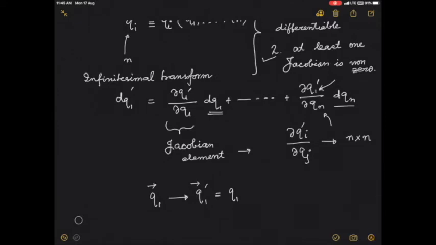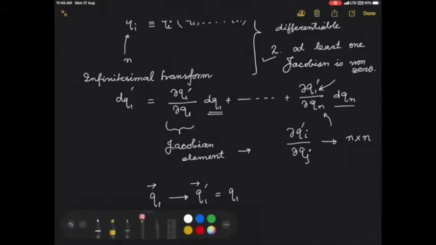This can be doubted by the mathematicians, but what does it mean? It means essentially that I have all the q's, so I will not even write q1, I will write just q. So q, which is essentially q1 to qn, is changed to q prime, which is q1 prime to qn prime, and in this case we are saying that it is just an infinitesimal change.